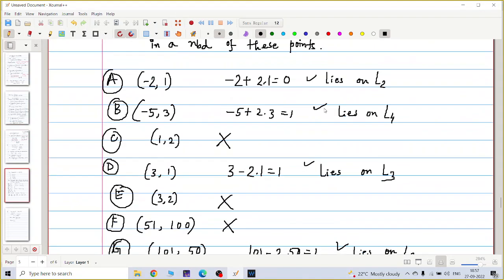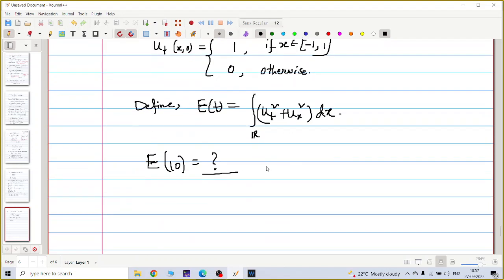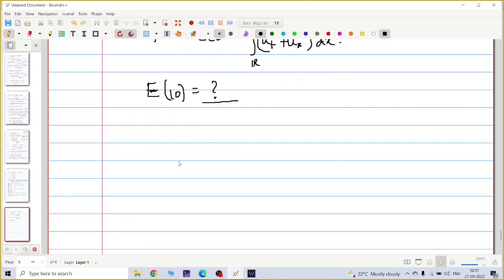So let me not do the calculation, I just write it from question number 4 that I did earlier.